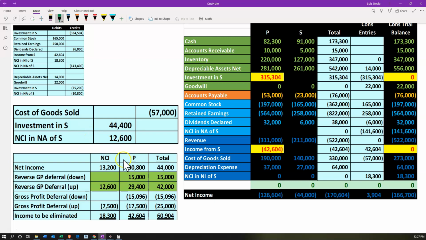So the investment in S lining up to P, the 15,000 and the 29,400, then being the 44,400, and then the non-controlling interest for net assets then being the 12,600. So this transaction is, in essence, reversing part of the cost of goods sold due to the intercompany transactions resulting from the prior year that we're pulling from our worksheet.